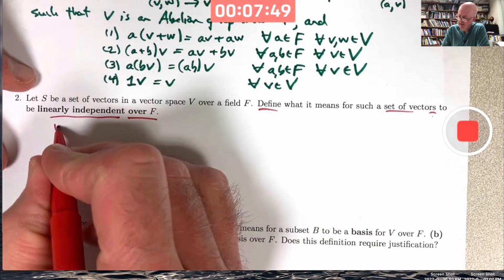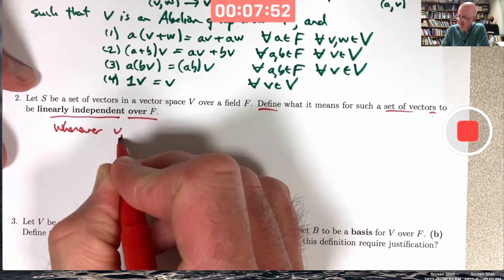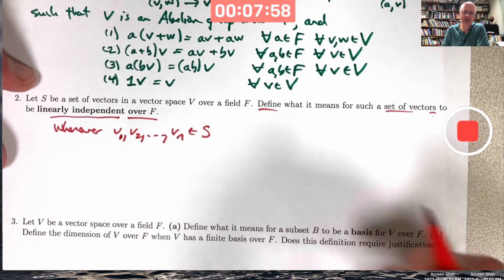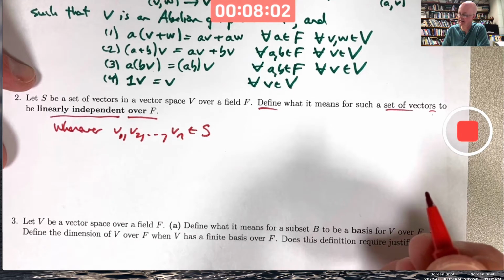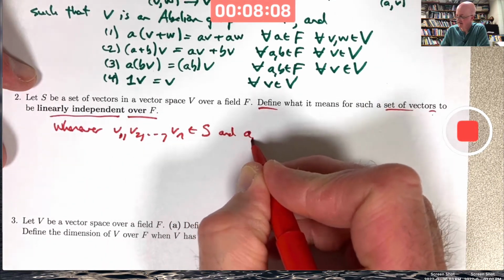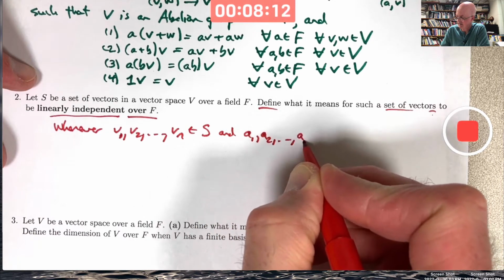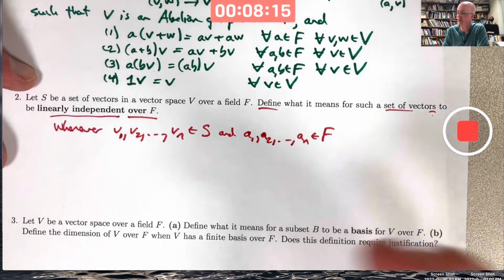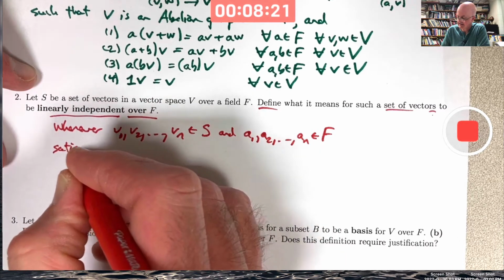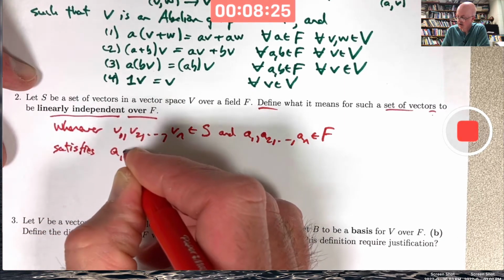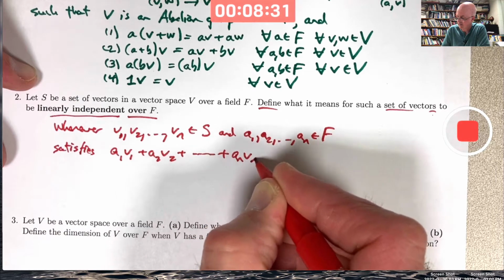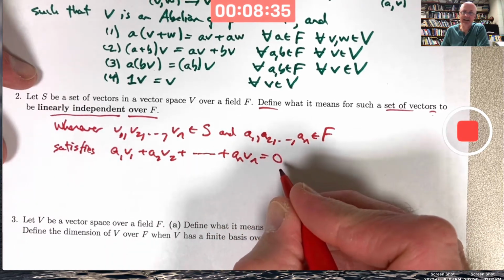It means whenever you've got a finite set of vectors, v1 through vn, in S, we're talking about S being a linearly independent set over F, and scalars, call them, say, a1 through an, from F, the field of scalars, or the scalar field, whenever this satisfies that a linear combination of them, this kind of quantity here, equals 0, where that's the additive identity of the vector space.